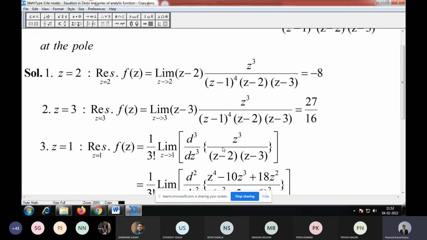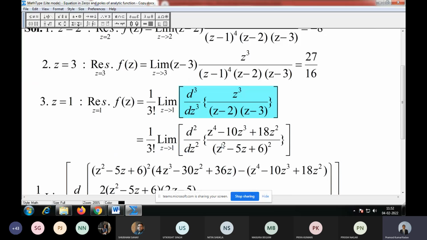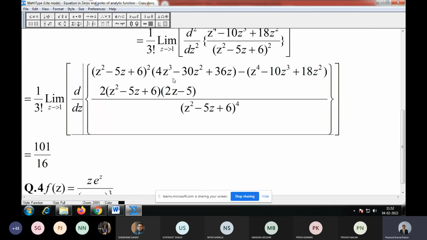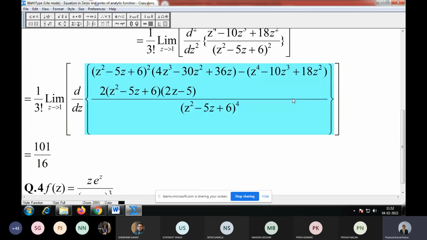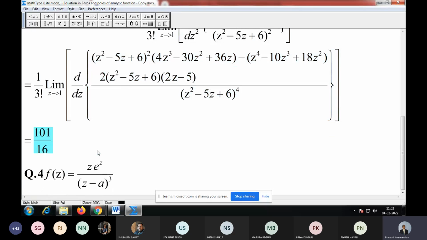You may differentiate, I'm not going to differentiate it. First time, second derivative, then again derivatives. But after taking the derivatives, we should take the limit as z tends to 1. So the result is coming this way. I hope the point is clear how to find the residue of the function at a point.